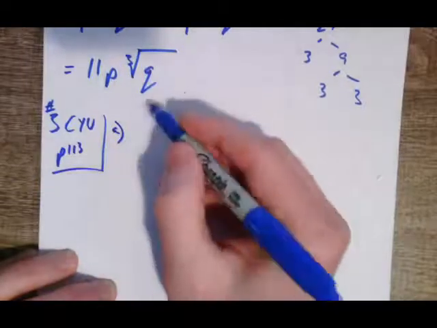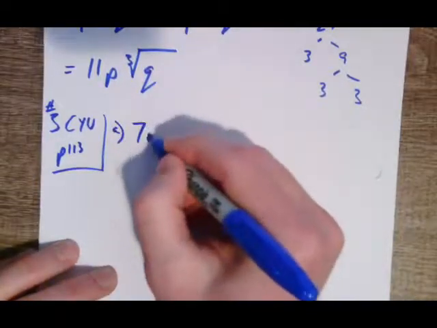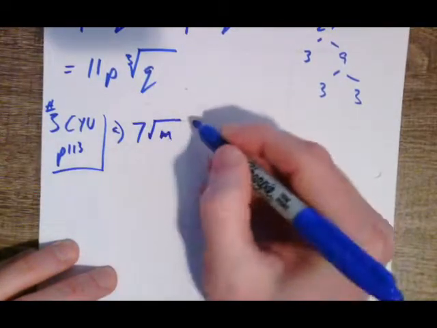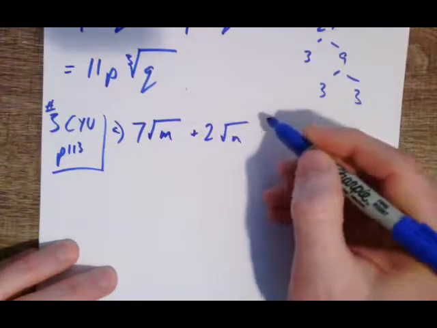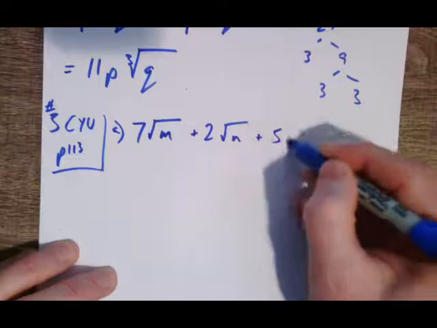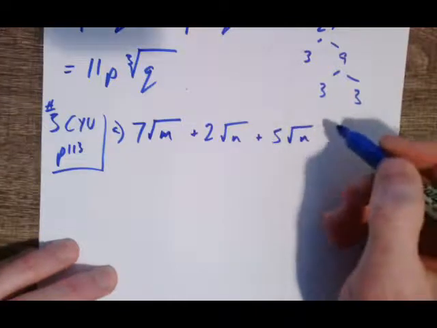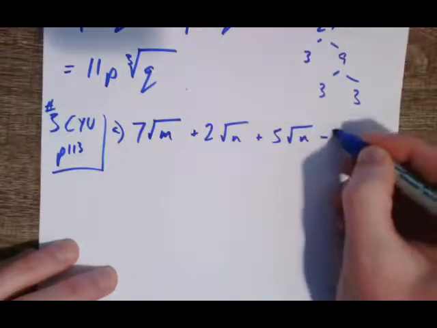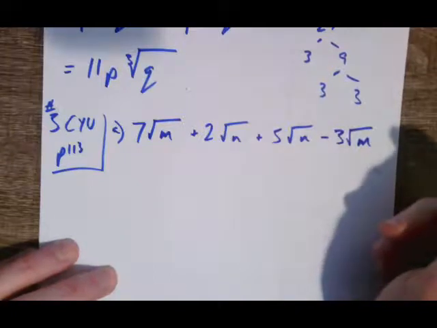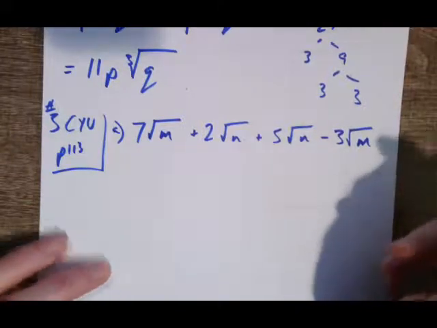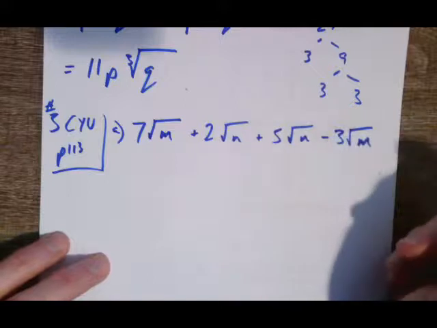A says 7 root m plus 2 root n plus 5 root n minus 3 root m. And it tells us m and n are both positive.